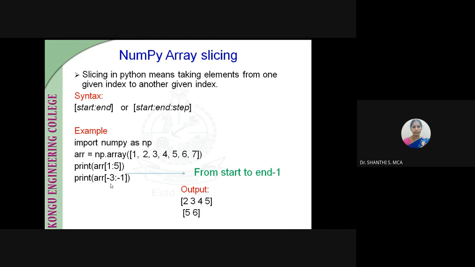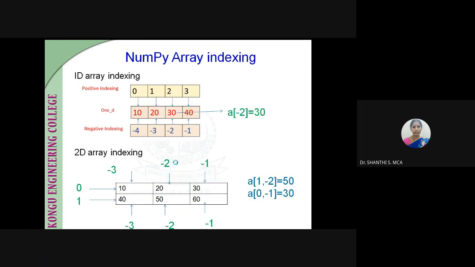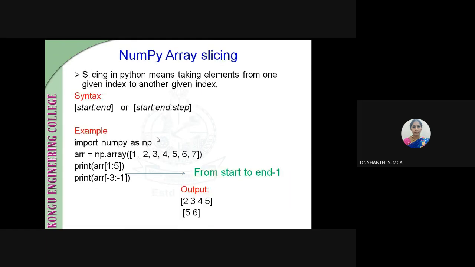If it is -3 and -1, the starting index is -3 and the ending index is -1. Here we have already seen negative indexing. Based on this negative index, it will start from -3. This is -1, this is -2, this is -3.